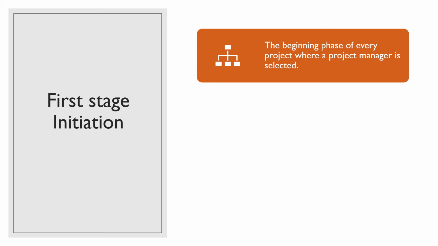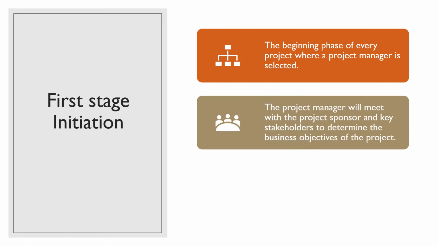The first one is the initiation stage. As the name implies, it is the beginning phase of any task or project. At this stage, a project manager is first of all selected. The project manager will meet with the project sponsor and all the other key stakeholders to determine the business objective of the project.